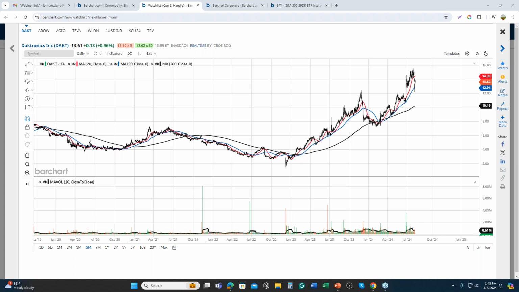Can we use filters for identifying cup and handles or just visualizing the scale? Oh yeah, I'm going to get to that in a moment. And can unusual options assist in identifying cup and handle patterns? I think both of those questions, first of all, I'm going to show you where you can use filters.